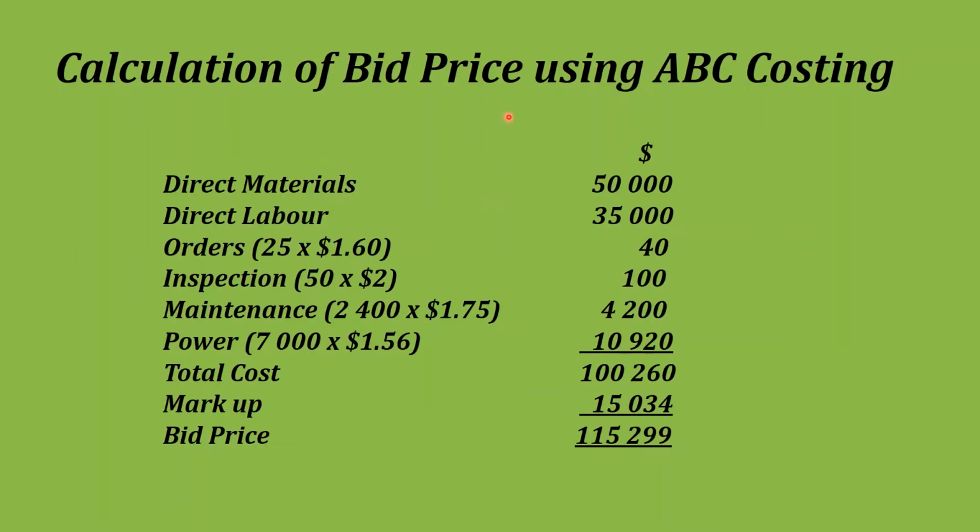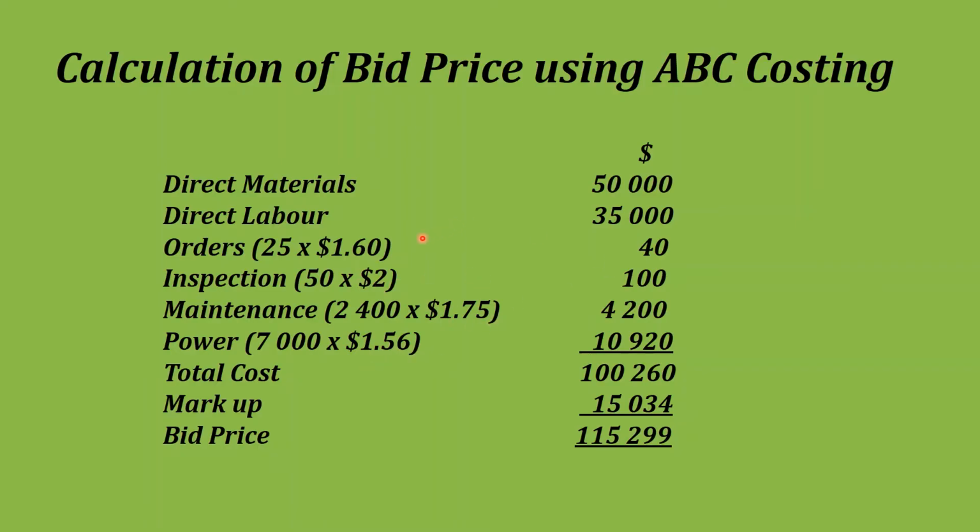Calculation of the bid price using ABC costing. The direct material stays the same. The direct labor also stays the same because these are already apportioned. And then we apportion the overheads according to the activities using the activity rates that we just calculated.